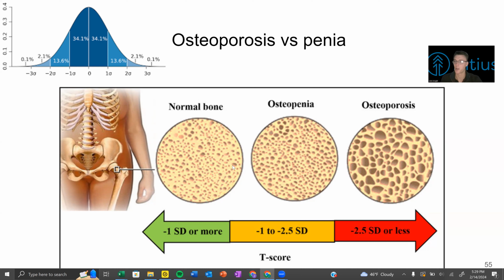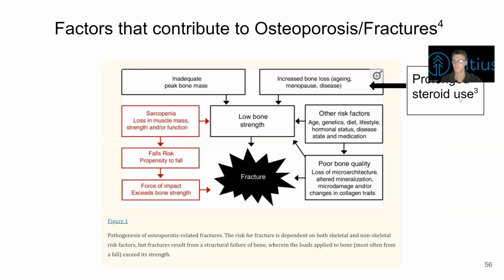And so, in this way, this is how we classify the degree of osteoporosis. Osteopenia is classified as -1 to -2.5 standard deviations away, and anything greater than 2.5 standard deviations away from the norm is considered osteoporosis, okay? So it's not black and white. It's not that you either have it or you don't. There's a spectrum of how we classify this disease, okay?